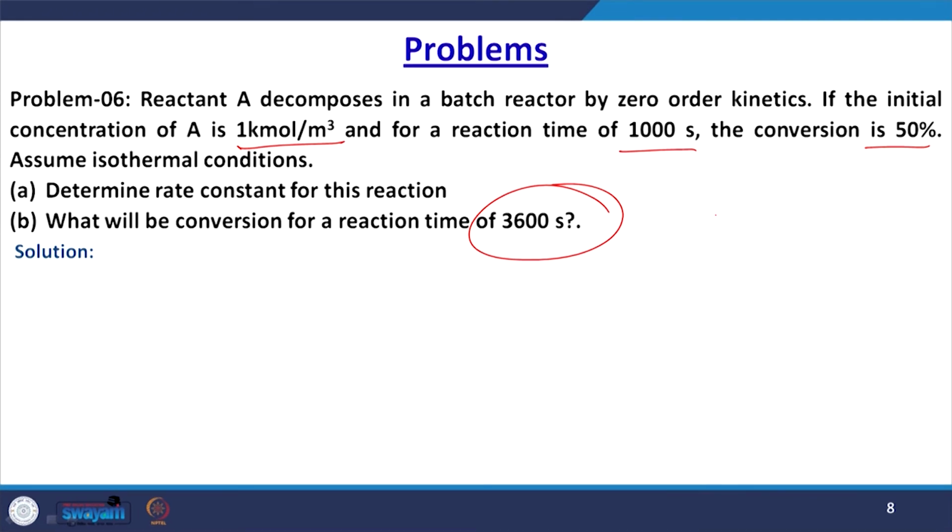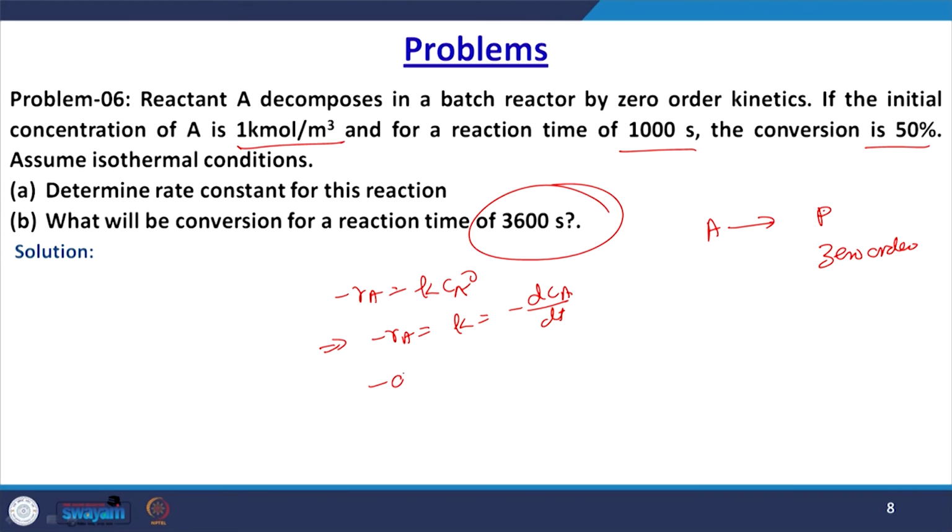Now see, as per the problem, reactant A decomposes into the product by zero order kinetics. So the rate equation with respect to A can be given as minus Ra is equal to K Ca naught, that is minus dCA upon dt is equal to K, and minus dCA is equal to K dt.